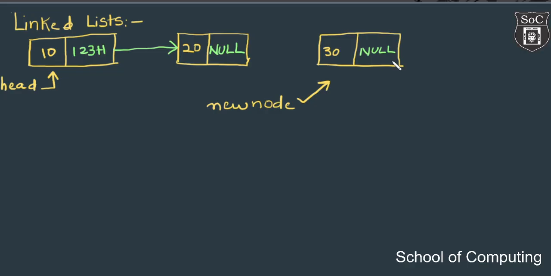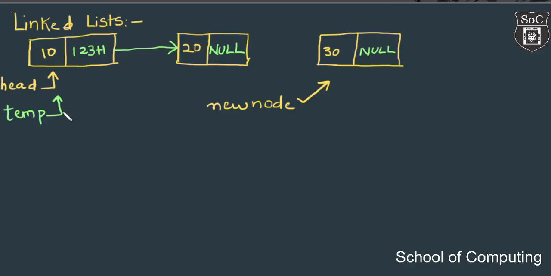So friends, what we will do, we will create a node called temp, which is also initialized to head. So I will see what is there in the next part of temp. Is it null or not null? It is not null. So again, by looking at this address, I'll move my temp.